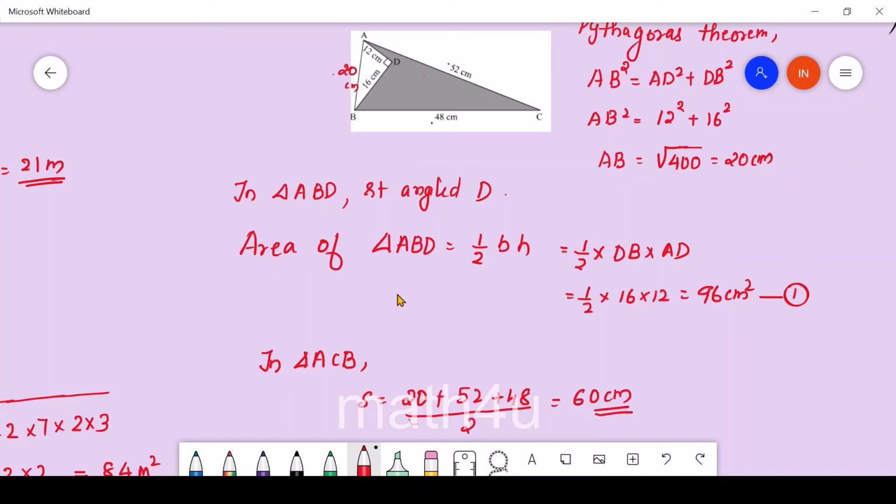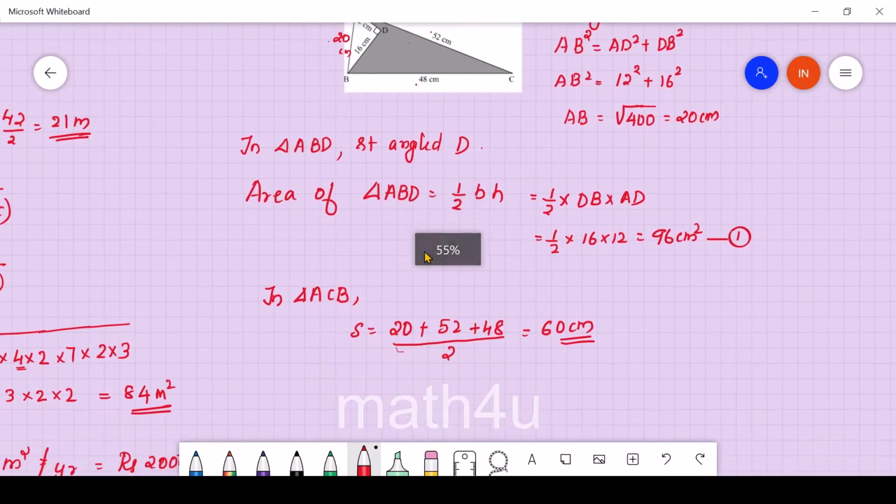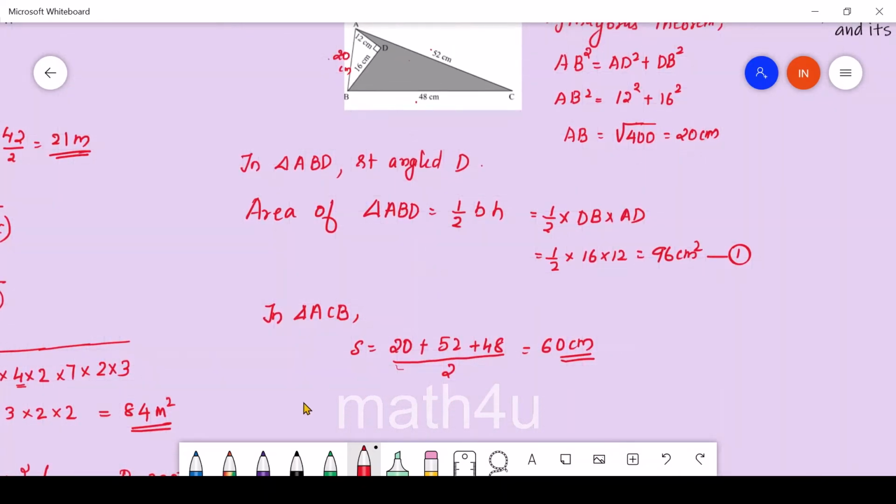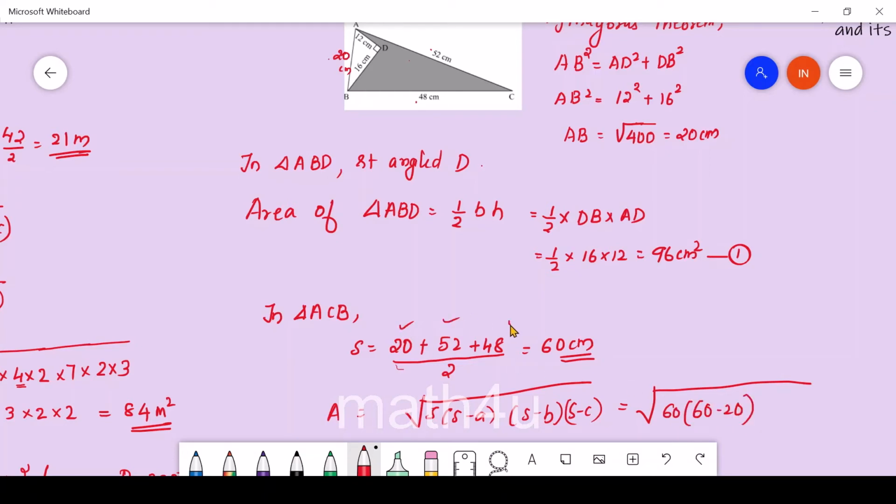Now let's apply Heron's formula over here, and you can see here area is equal to root of S into S minus A into S minus B into S minus C. And now you can substitute over here itself, that is 60 into 60 minus 20. You can see here ABC. Then 60 minus 52, 60 minus 48 inside the root.